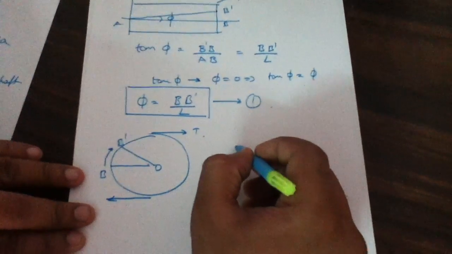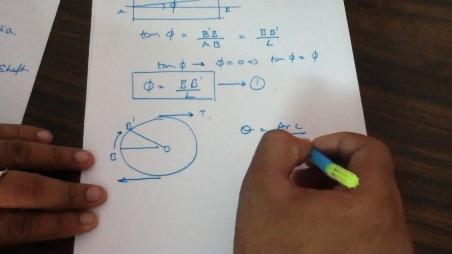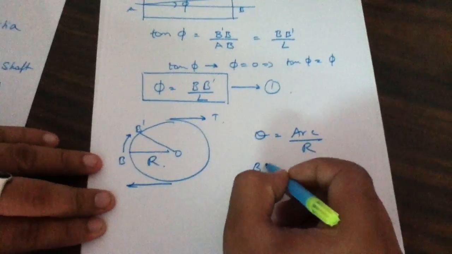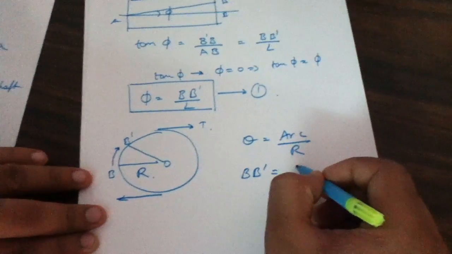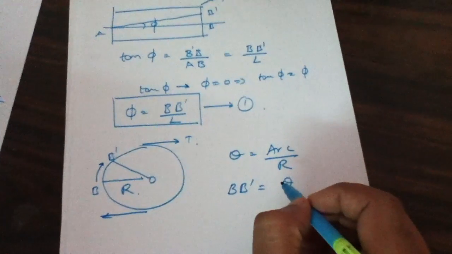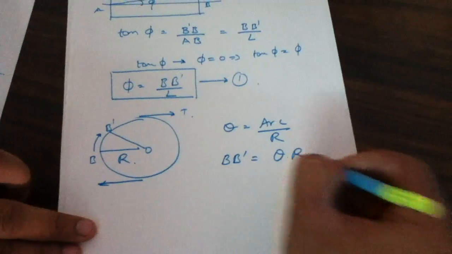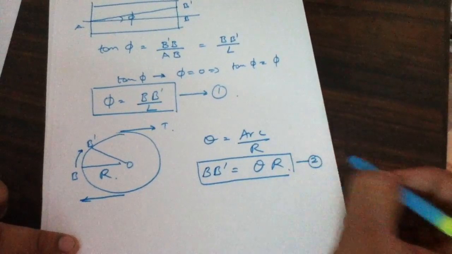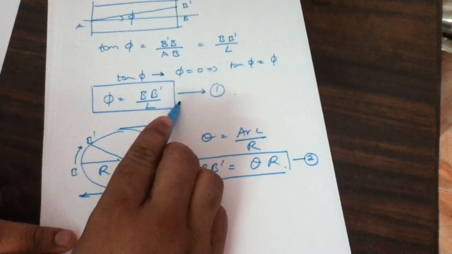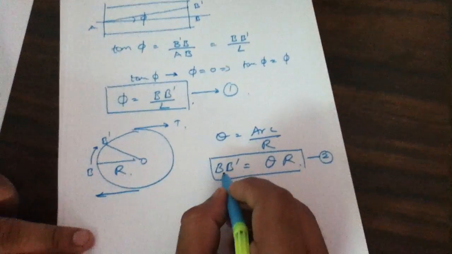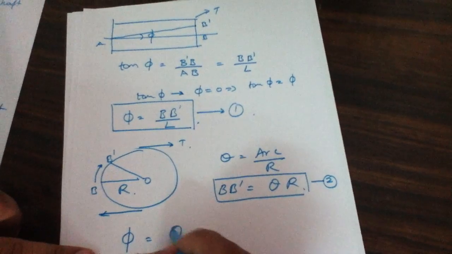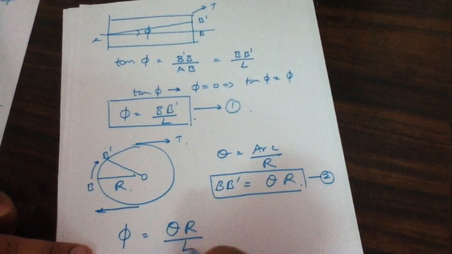So we know theta is equal to arc by radius, and arc is nothing but B dash in this case, and theta is the angular twist and R is the radius. So this is equation 2, and now we are equating equation 1 and equation 2, substituting B dash in equation 1, and we get phi is equal to theta R by L.